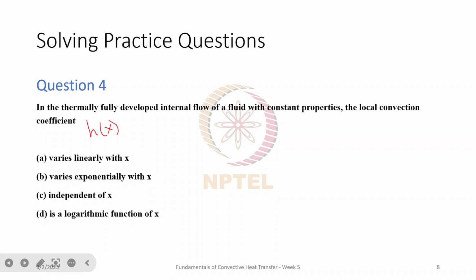So in a thermally fully developed internal flow of a fluid with constant properties, the local heat transfer coefficient h_x, option A, varies linearly with x, option B, varies exponentially with x, option C, it is independent of x, or option D is a logarithmic function of x. Okay, so we have another response in favor of option C, that is independent of x. Let's see what others have to say. I would urge everyone to respond to these questions.